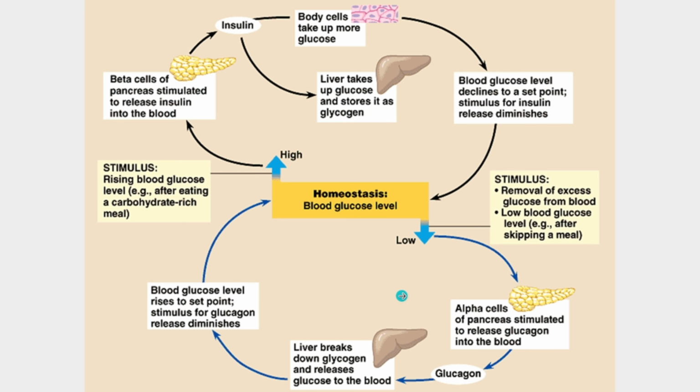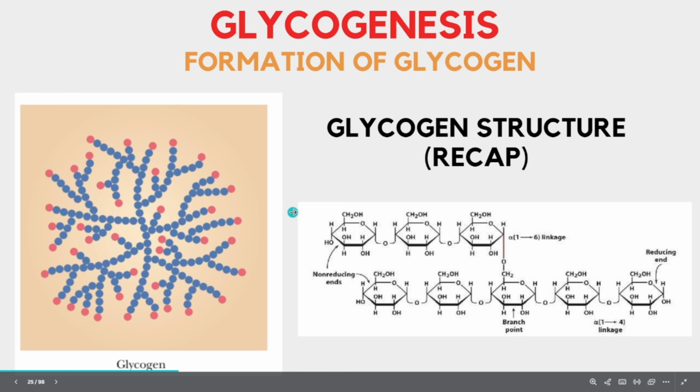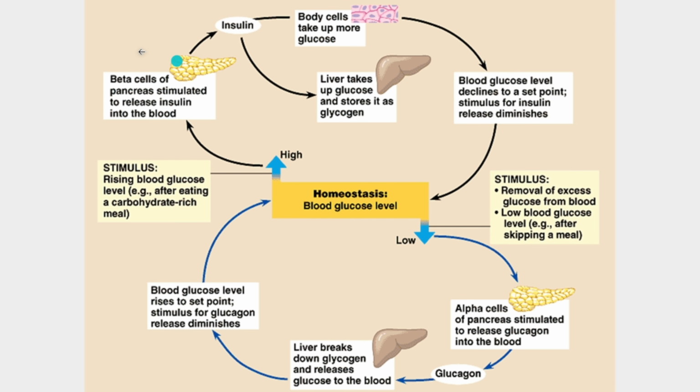This process we call glycogenolysis. So your blood glucose level increases to the set point and goes back to normal. This is the hormone action. This is the basic principle that you already learned in SPM.